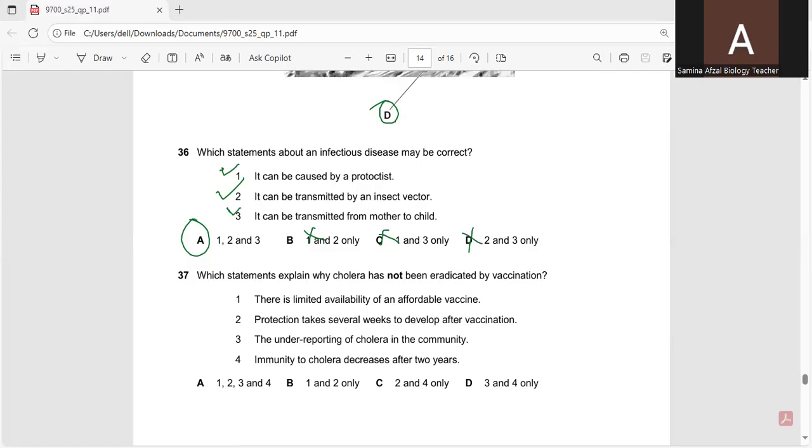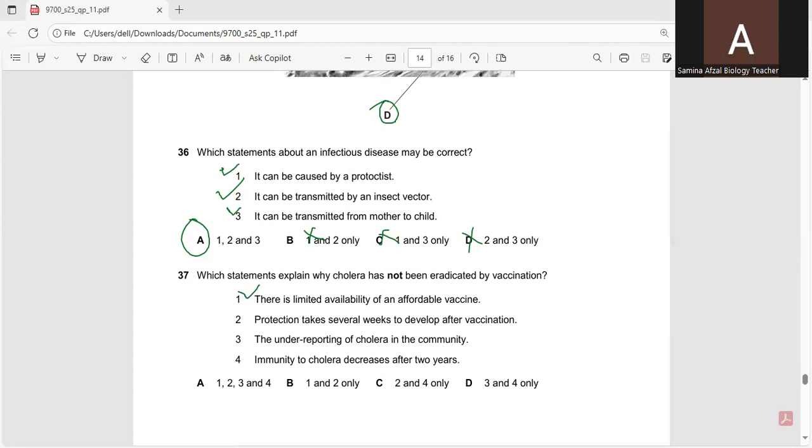Now we move towards question number 37. Which statements explain why cholera has not been eradicated by vaccination? Cholera is a disease, so there is a limited availability of an affordable vaccine. Yes, limited availability can be the correct statement.